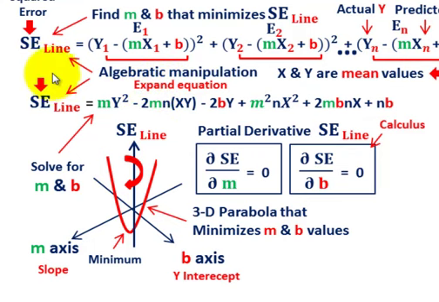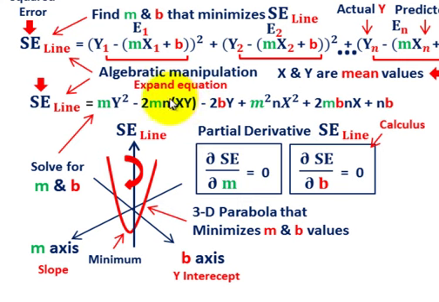So for this total squared error of our line, after we do our algebraic manipulation and expand the equation representing our errors, you're going to come up with a value like my squared minus 2mn times the quantity xy.